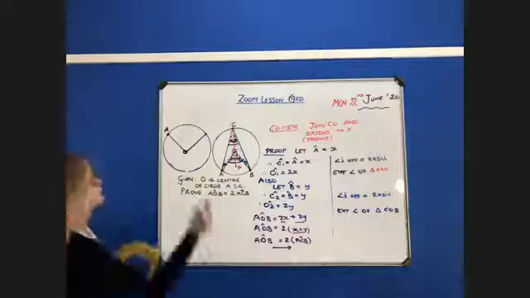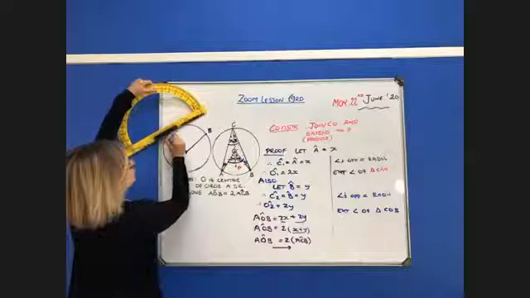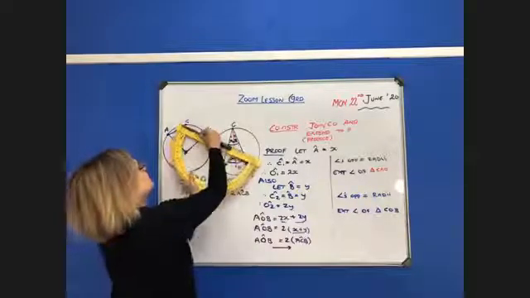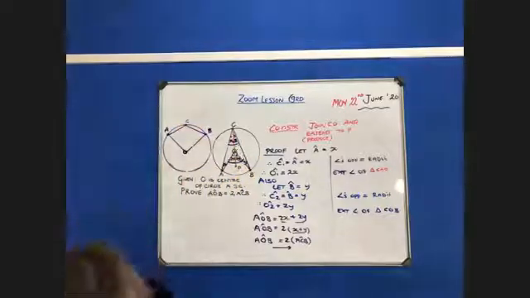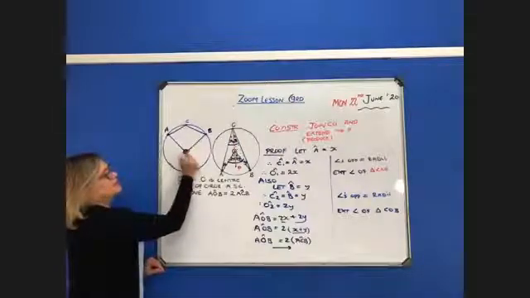Let's just make sure it's the same. And then I join a chord from A to C. And if I join BC, that's also a chord. Now I want you to listen very carefully. That's not the best picture, but O is the center.